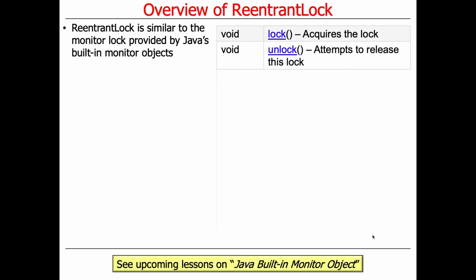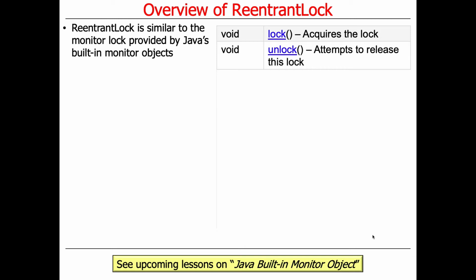As I mentioned before, there's this concept of a MonitorLock, which is used by synchronized statements or synchronized methods in Java for the built-in features of synchronization, the built-in monitor object features, which we'll cover in a week or so. And the core methods of ReentrantLock are almost identical to the semantics of the built-in MonitorLock, the thing that's using the so-called intrinsic lock.